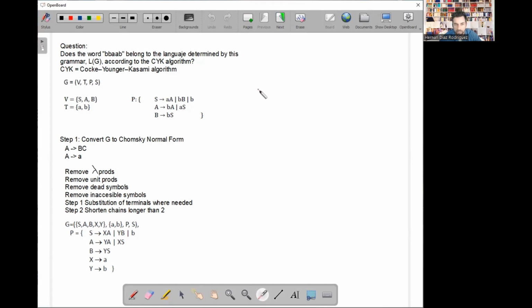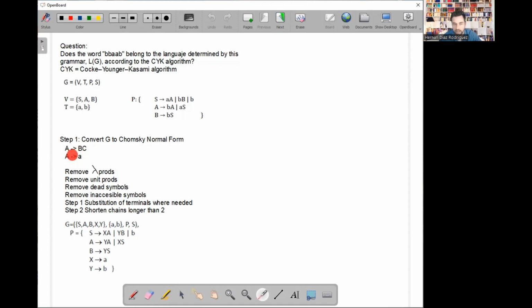So the first step to apply the CYK algorithm is to be sure that the grammar is in Chomsky Normal Form, right? So this form takes this shape. We should have a variable that produces a chain of two variables, or a variable that produces a single terminal.